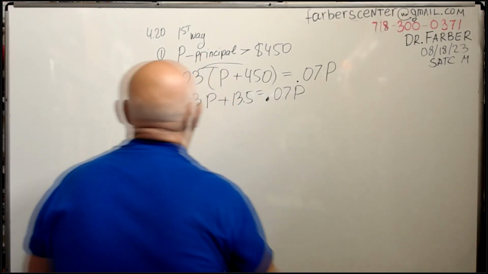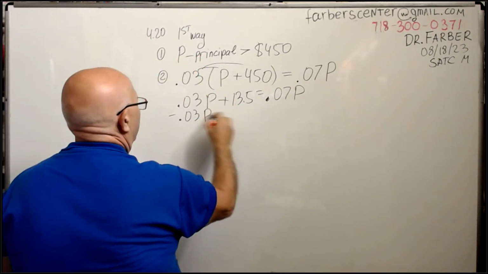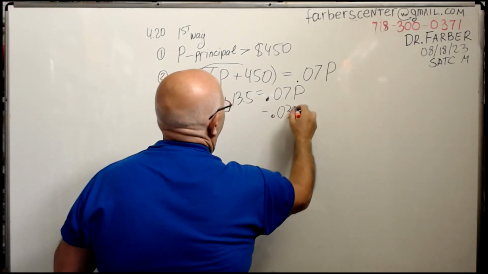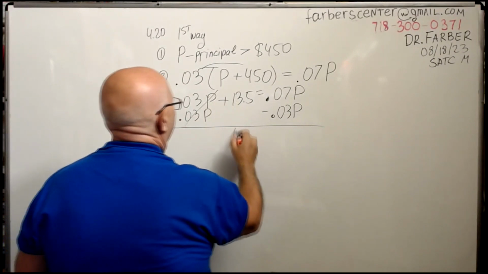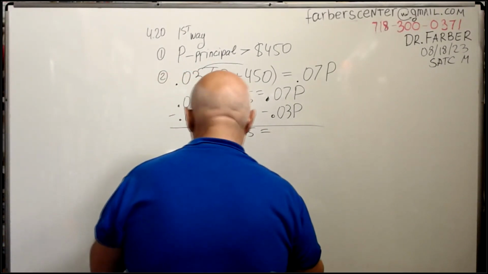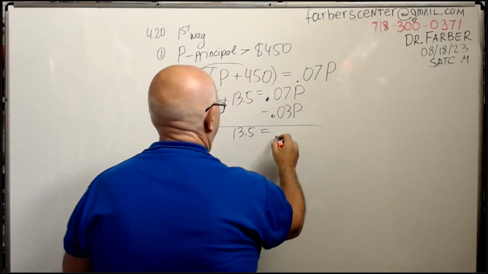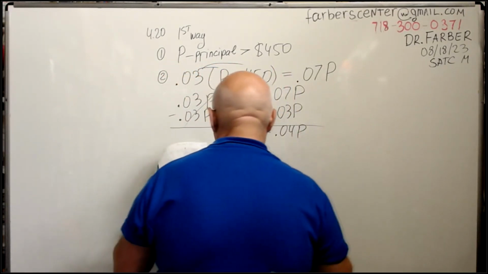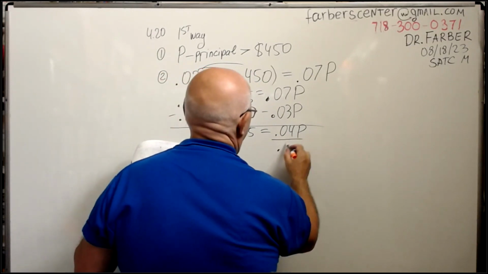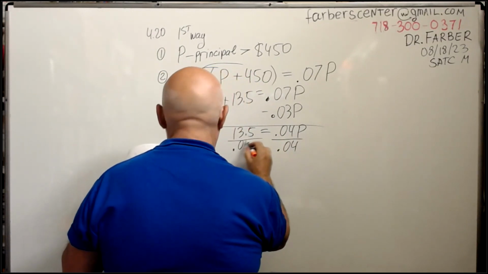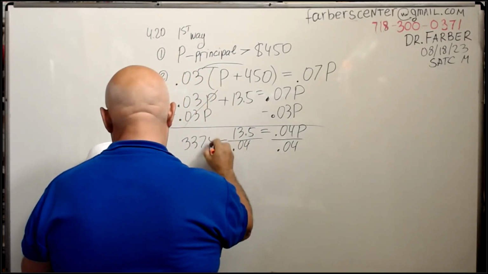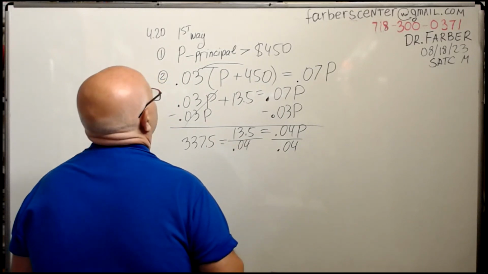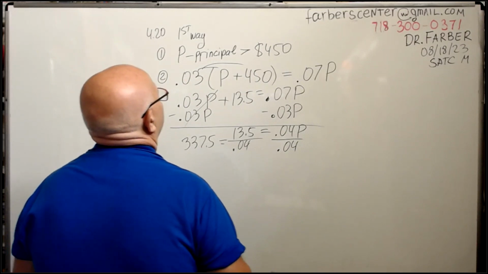If I subtract 0.03p, the p terms cancel out on one side, I bring down 13.5, and this will be 0.04p. If I divide both parts by 0.04, I get 33,755, which makes no sense because principal is supposed to be greater than 450.